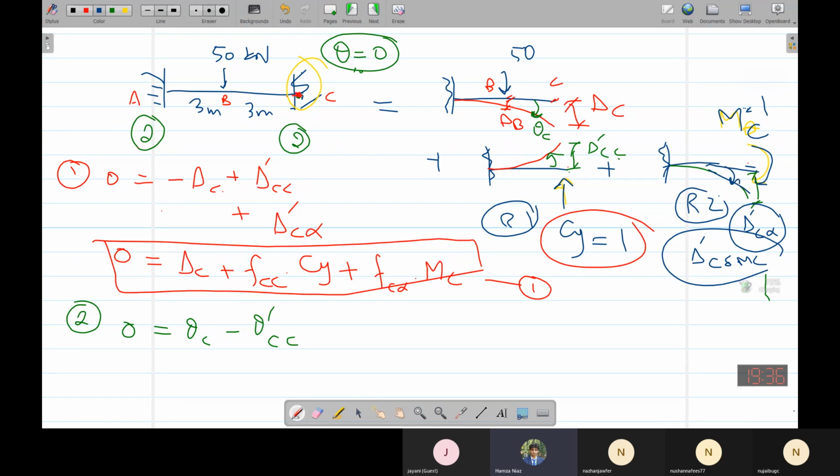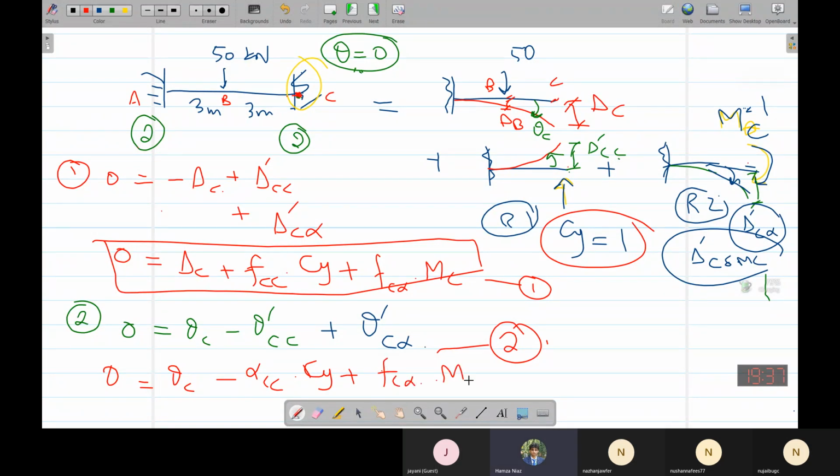We have to draw the arrow from the original structure. Plus theta dash C alpha. We can call it by any name. This one is our second equation. We can expand it also: minus alpha CC into CY plus FC alpha into MC.